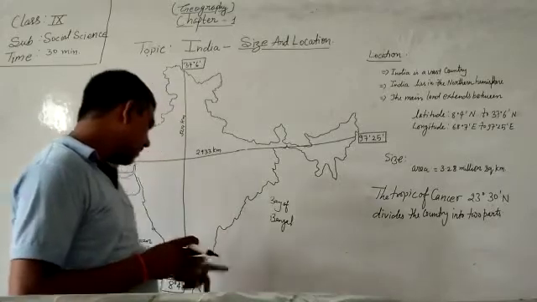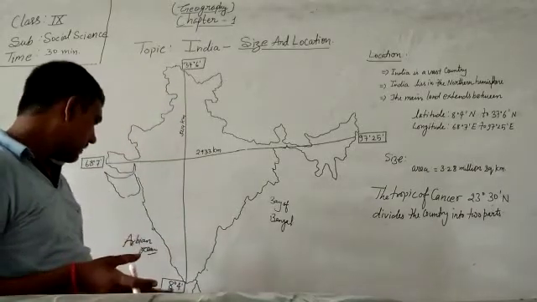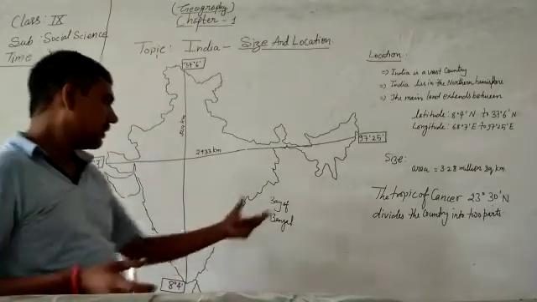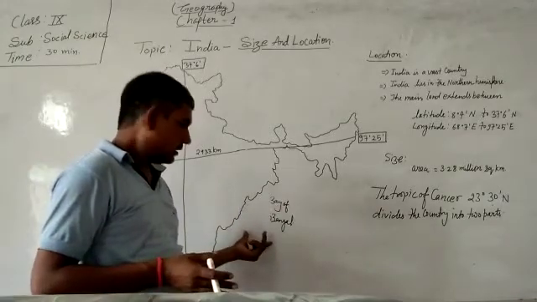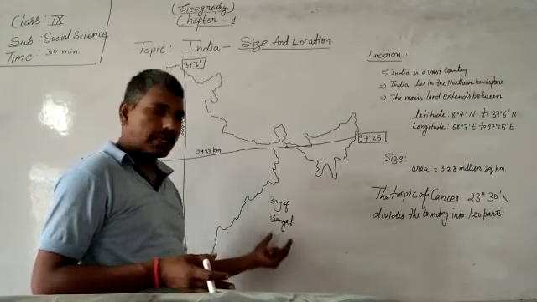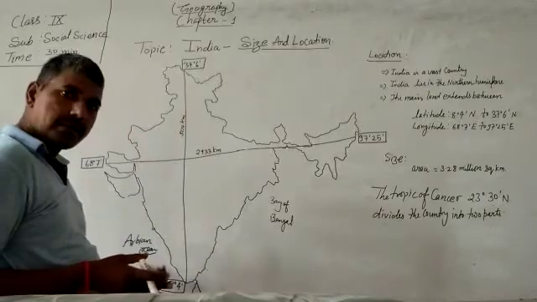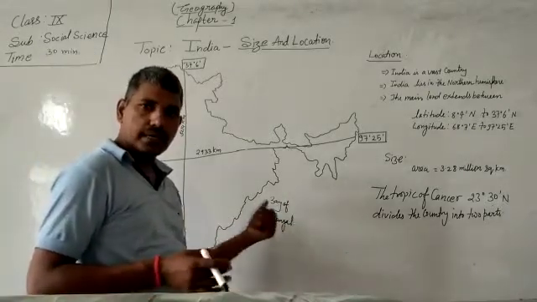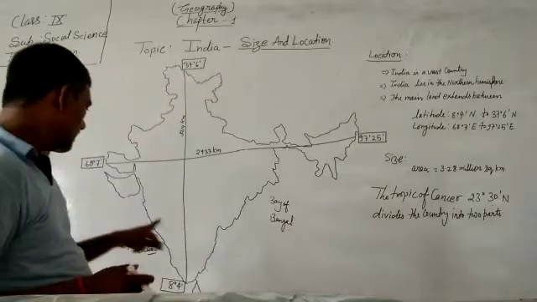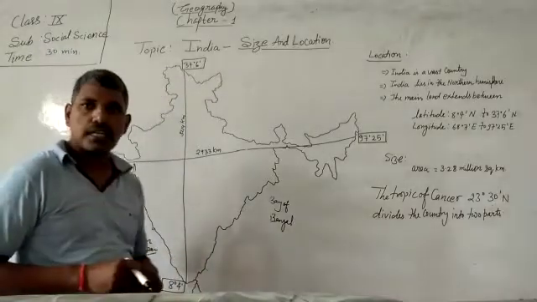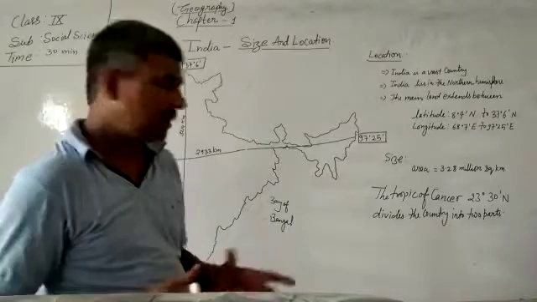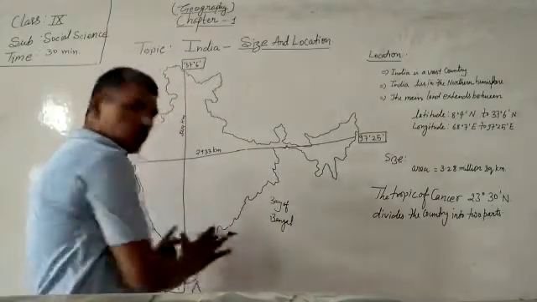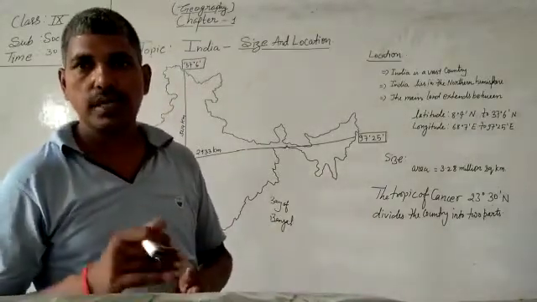From this side the Bay of Bengal, the Indian Ocean below, the Hindu Mahasagar, and here the Arabian Sea. There are also some islands: the islands which lie in the Bay of Bengal are Andaman and Nicobar, and the islands which lie in the Arabian Sea are Lakshadweep. So this part is totally surrounded by water, which is the peninsular region.